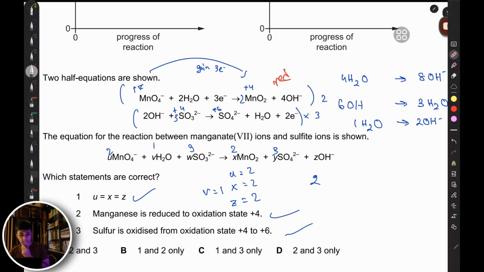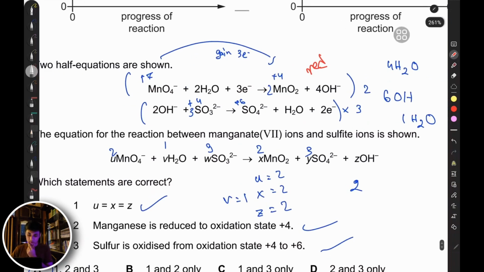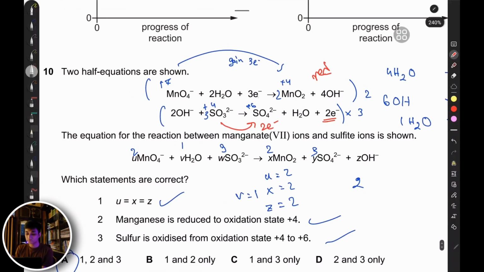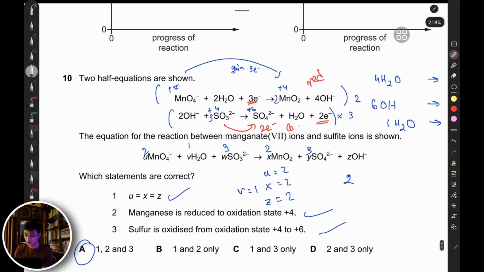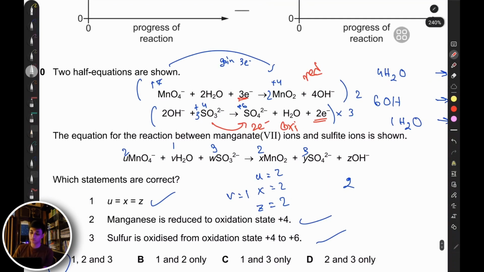is gaining or losing electrons, going from +4 to +6? So it's losing 2 electrons. So this is oxidation. And in the previous half equation, it's gaining 3 electrons.